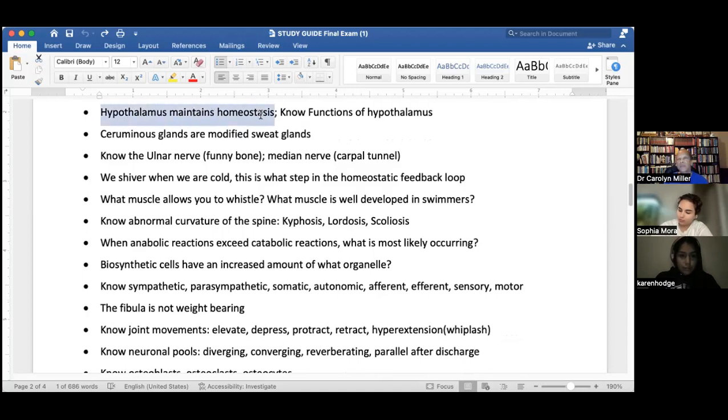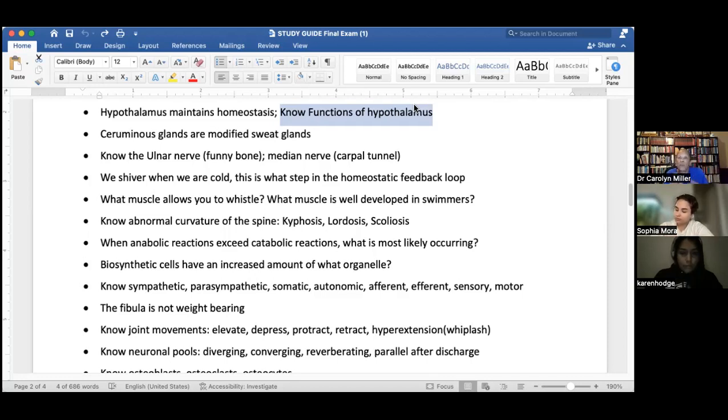The hypothalamus maintains homeostasis. Know the functions of the hypothalamus. That part of the brain becomes engaged when we're thirsty, when we're hungry, or when we're satisfied, satiety. All of that is regulated, as is failure to thrive in children, by the hypothalamus. In fact, the hypothalamus is right under the thalamus, grand central station, and right under the hypothalamus, connected with the infundibulum and the stalk, is the pituitary.